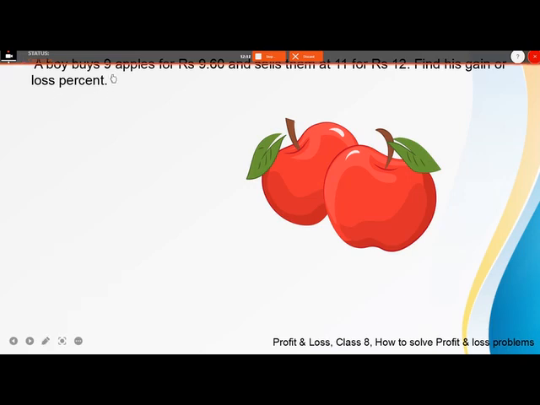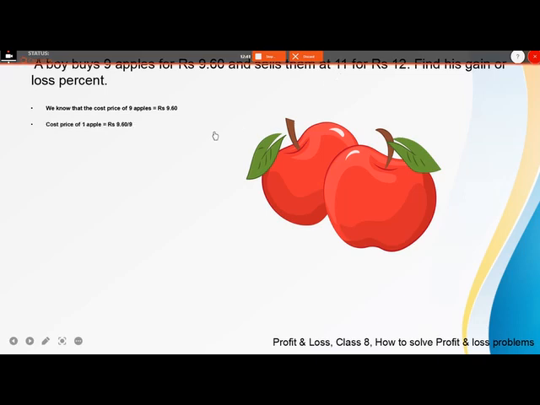A boy buys 9 apples for rupees 9.60 and then sells them at 11 for rupees 12. You got that? So what he did, he bought 9 apples, right? What is the cost price that is given? 9.60. And then he sells them at 11 for rupees 12.